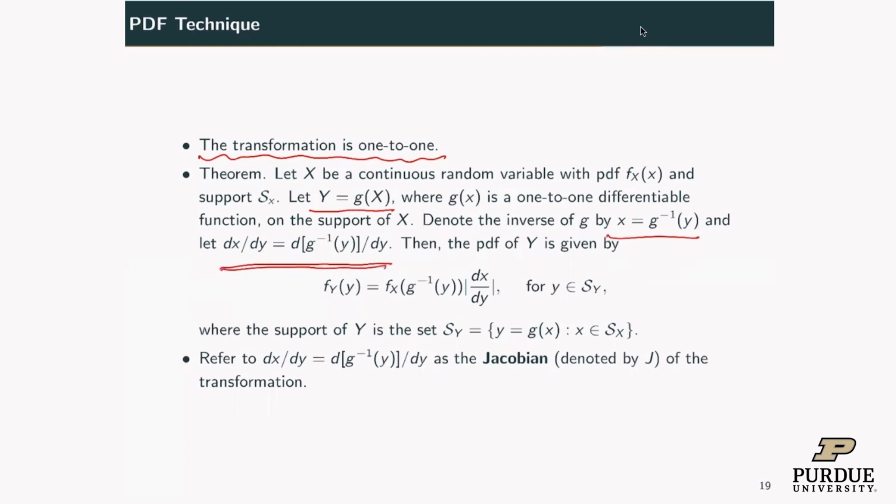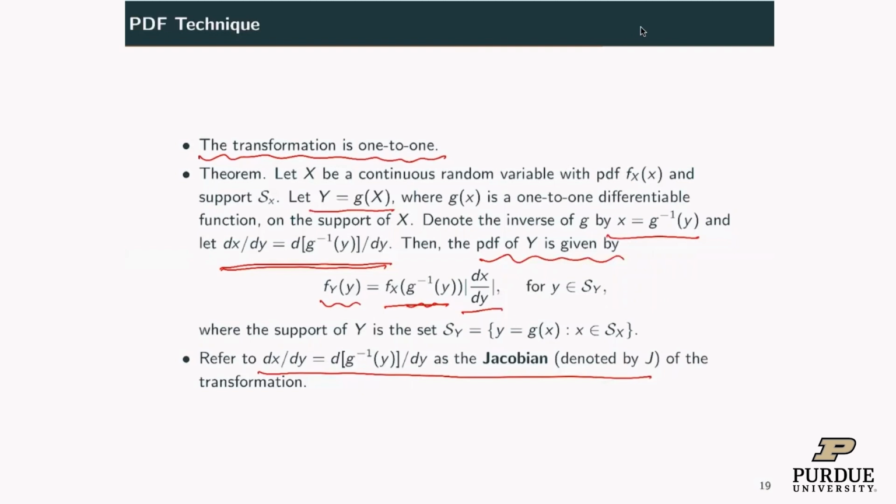So this is called the Jacobian. I take a derivative, take the Jacobian. Now I can get the PDF of y directly. So for the PDF of y, I just plug in the inverse, and multiply by the absolute value of the Jacobian to make it positive. PDF is always non-negative. Absolute value of Jacobian.